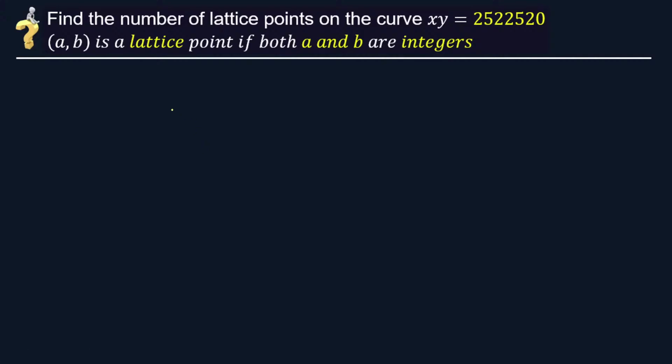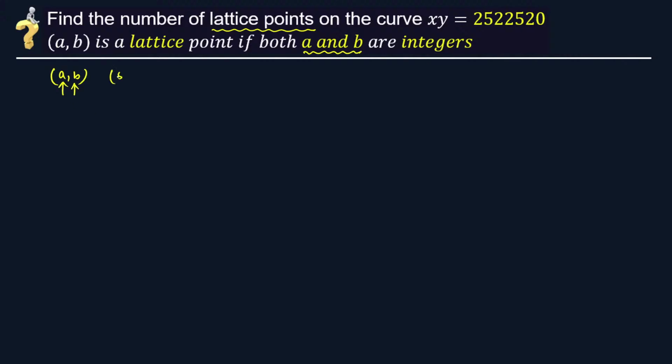Find the number of lattice points. We have already done lattice points, and I have mentioned several times in our lectures what lattice points are. Lattice points are those points where both the ordinate as well as the abscissa are integers. I mean, if it is in the pair form like this, A comma B, then A and B both are integers.